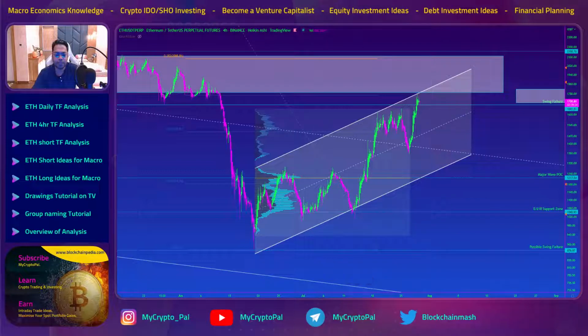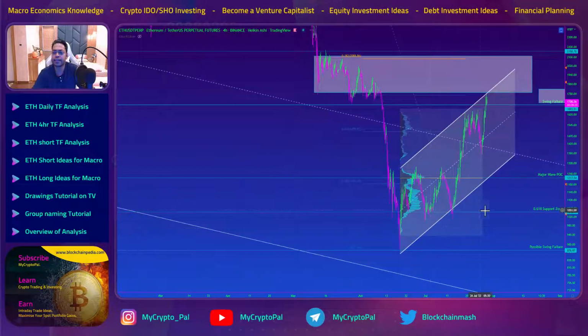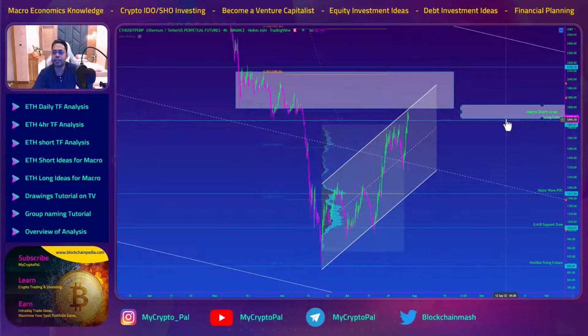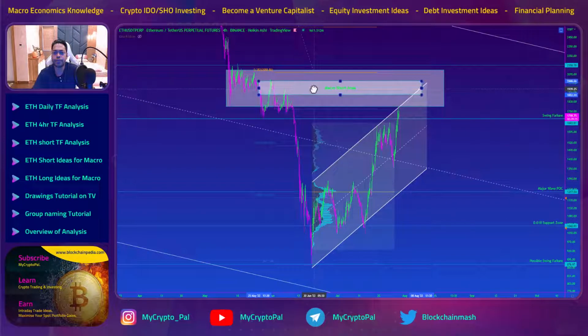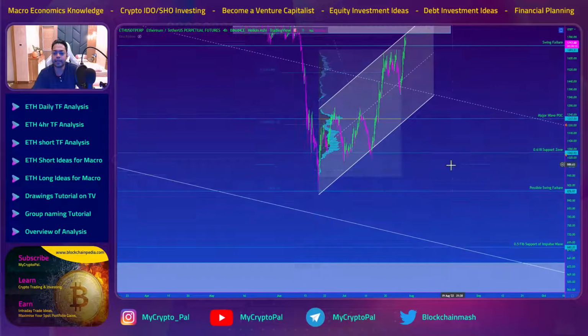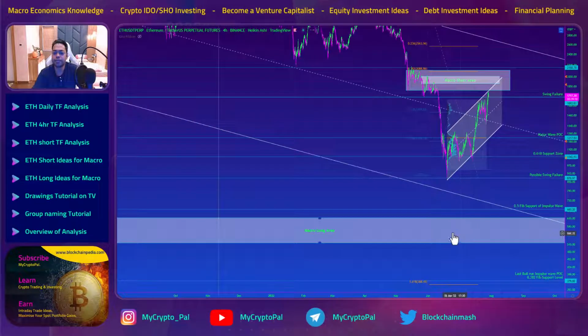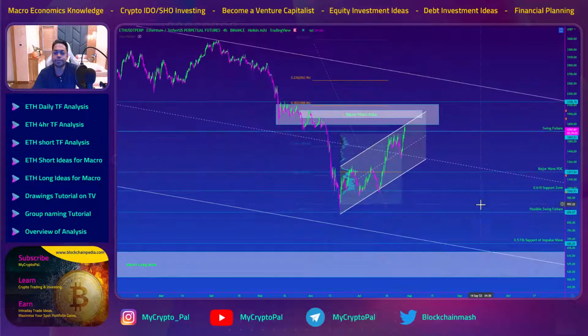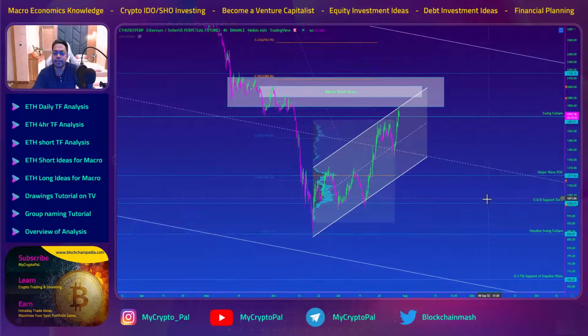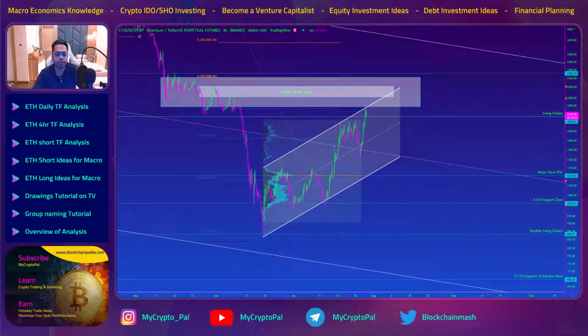Some of the important things, like I said, is that this is the macro short area, and this bottom is the macro long area. Now if you want to look short term, I would suggest taking a fib of the whole impulse wave that happened from here to here, and you can see there are two levels of interest.